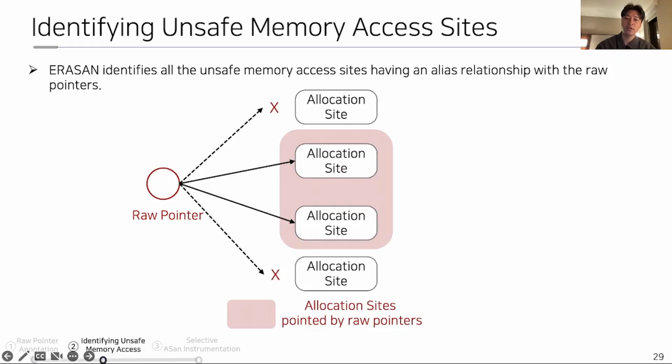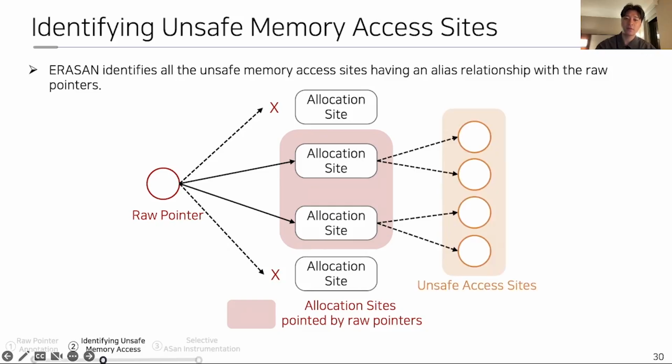Next, after we annotate all raw pointer information, we find all pointers which have an alias relationship with raw pointers. To do so, we first identify the allocation sites that can be pointed to by the raw pointers by using points-to analysis. Starting from the raw pointer operation, we conduct a backward points-to analysis to find all possible memory allocation sites that can be pointed to by raw pointers in a conservative manner.